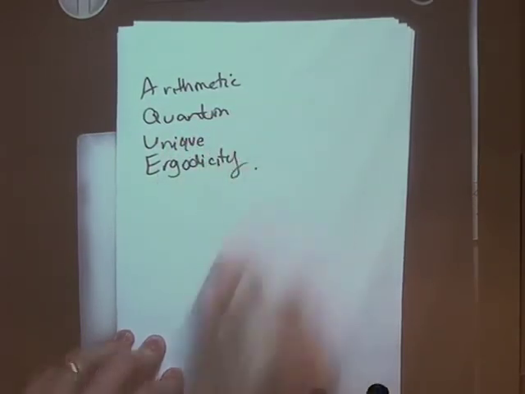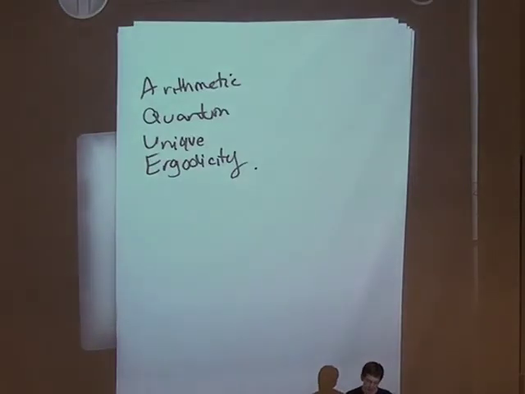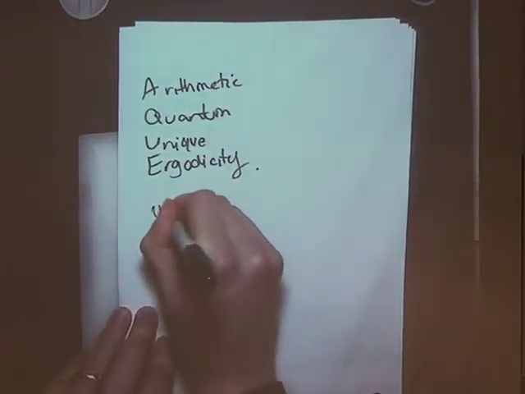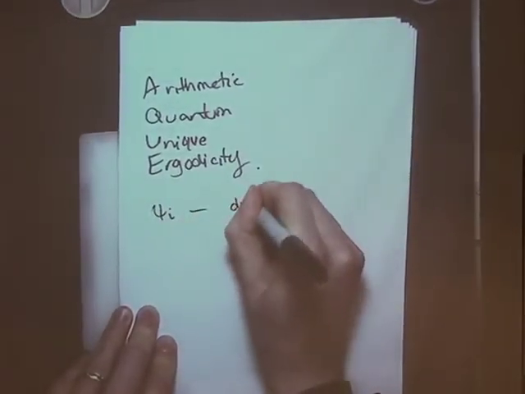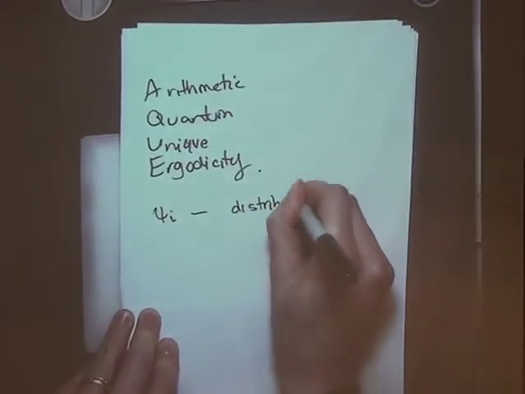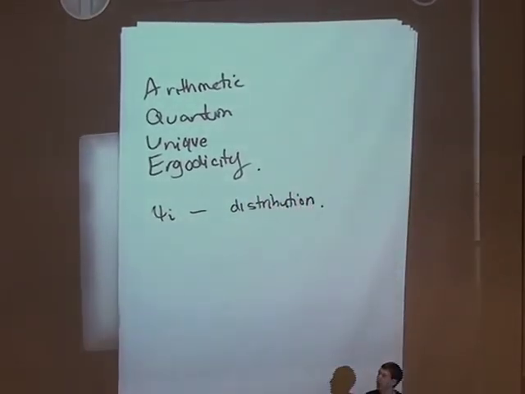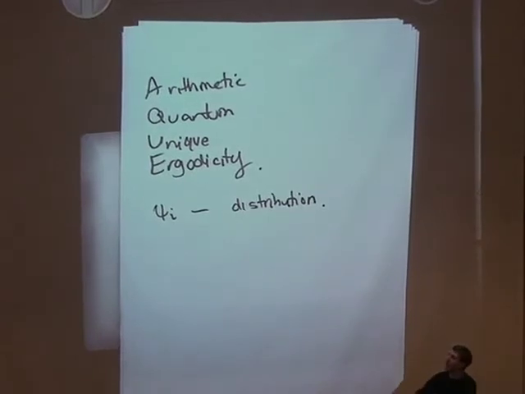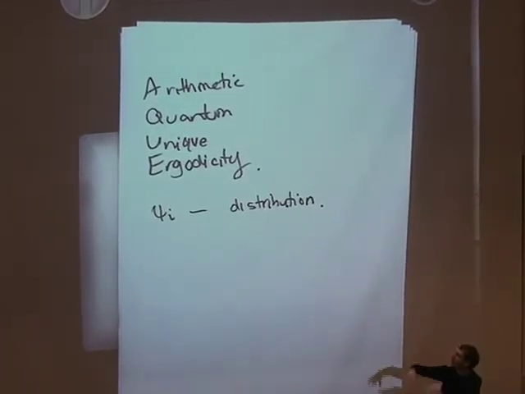And this is concerned somehow with the following problems. If you take these Maass forms phi_i, you can ask questions, for example, about the distribution of mass. In other words, if you take some kind of classical limit where you're taking the eigenvalue to be bigger and bigger, are these eigenforms really big near a single point and very small everywhere else? Or is their mass somehow distributed everywhere? This you can somehow answer.